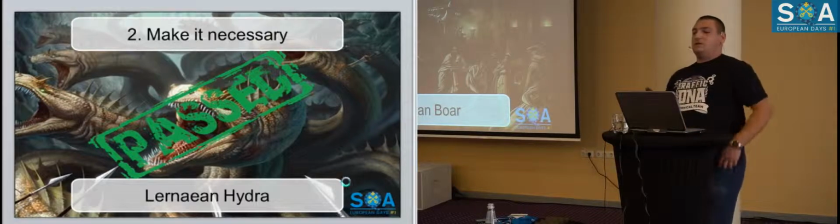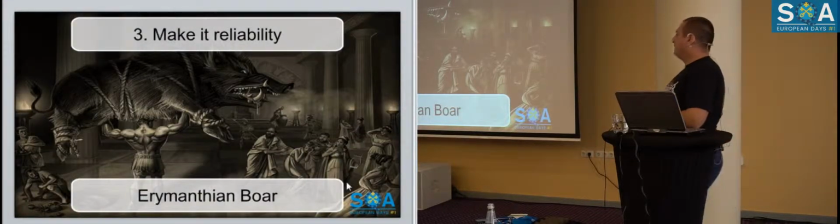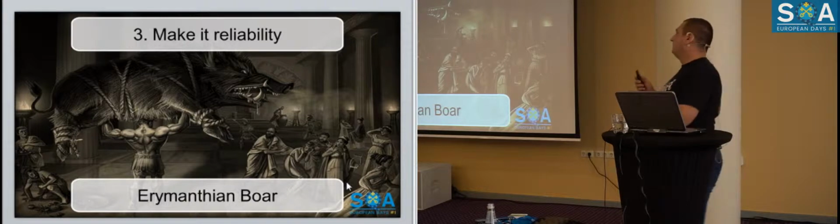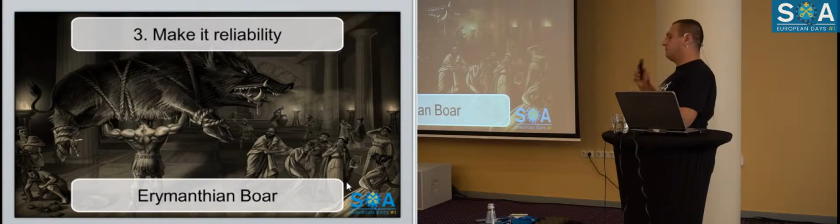The same applies to reliability. Akin to the Erymanthian boar, which Hercules found and tied securely and delivered to his customer, we do the following. The previous presentation mentioned this.